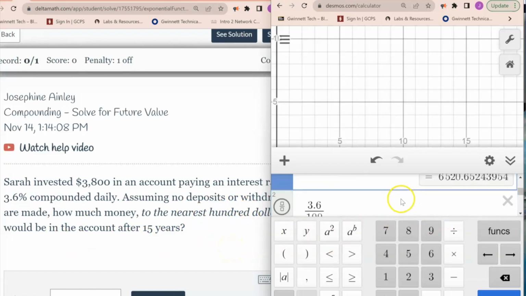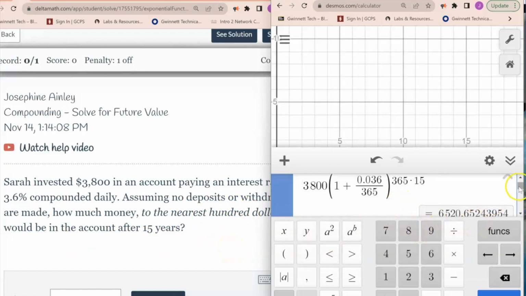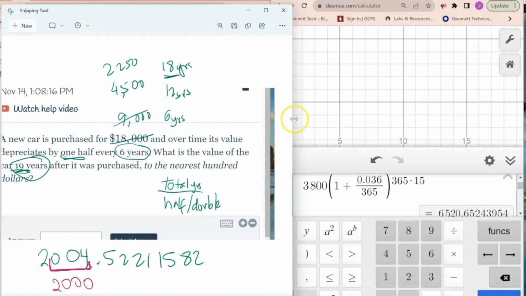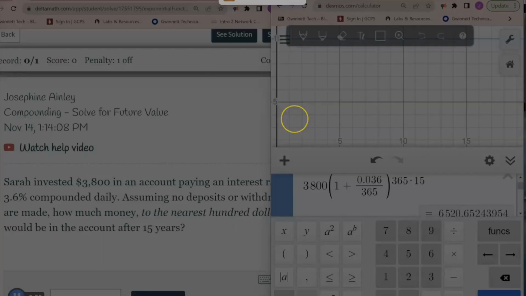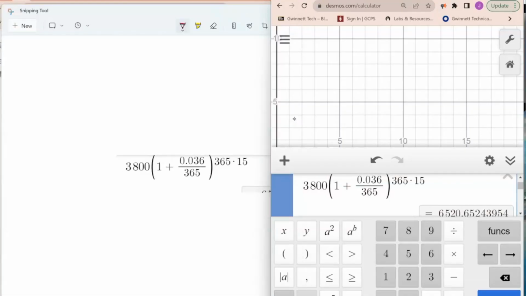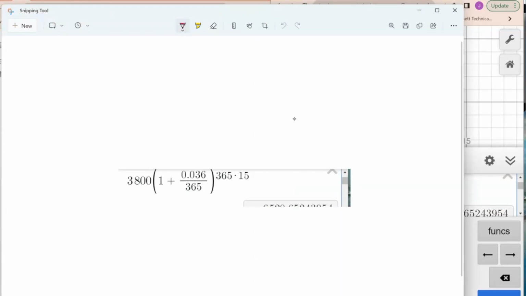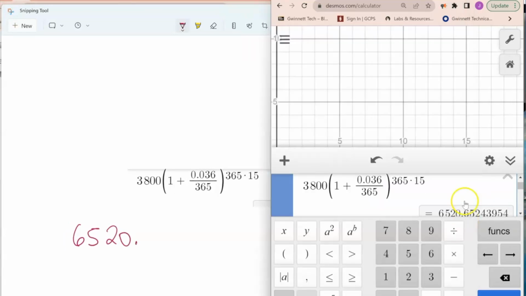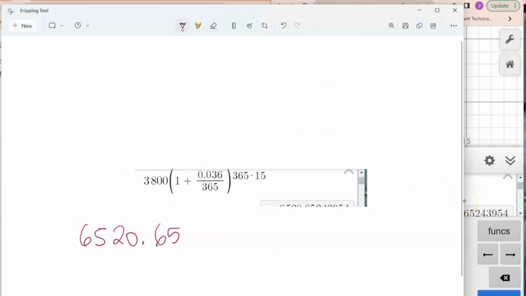Okay, so to the nearest $100. So that just means we have 6,520.652.